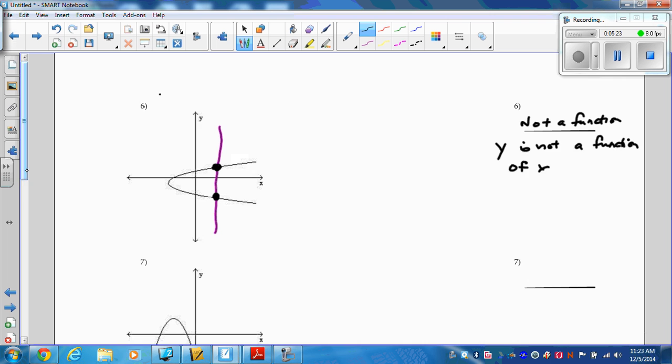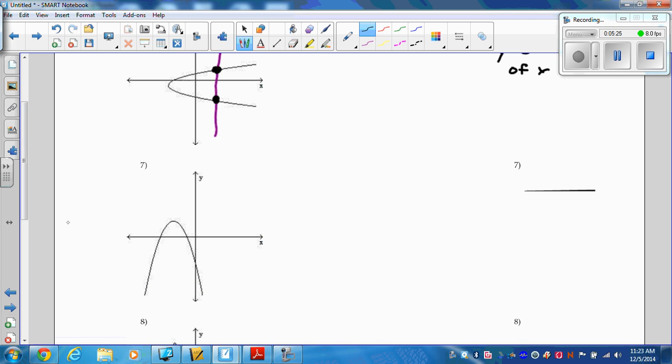Okay. For question number 7, you could place your pencil across this at any point, and you can see that it's only going to cross one time. So this is a function.